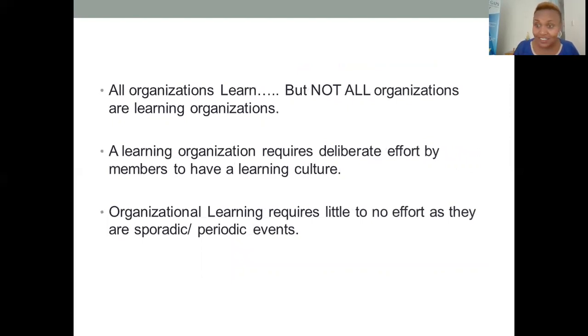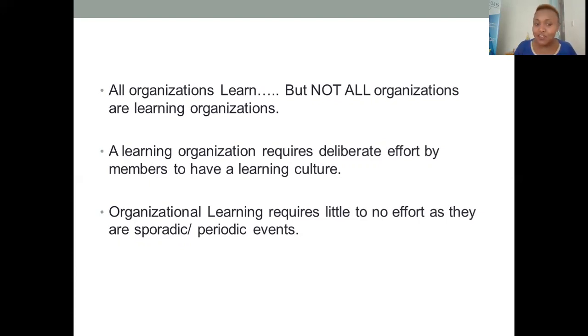Now, all organizations learn. All organizations are likely to have workshops, seminars, somebody coming with new ideas, but not all organizations are learning organizations. For an organization to be a learning organization, it has to have a culture, a deliberate culture or effort to have members learn.